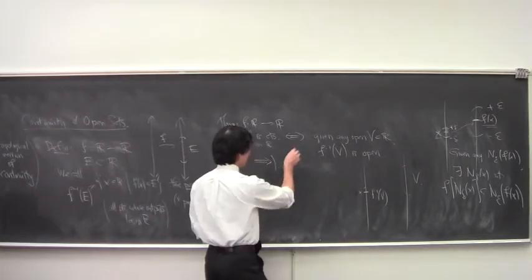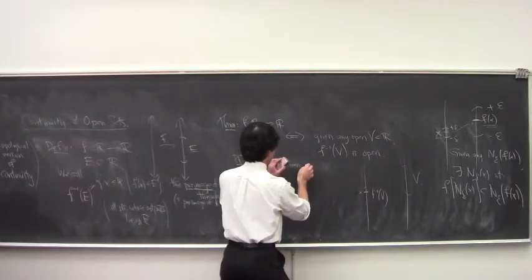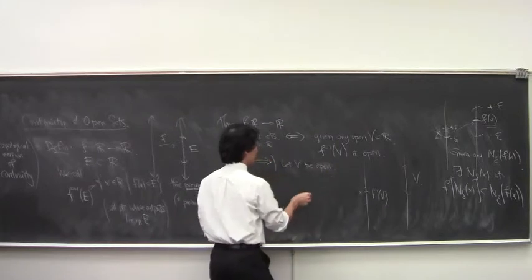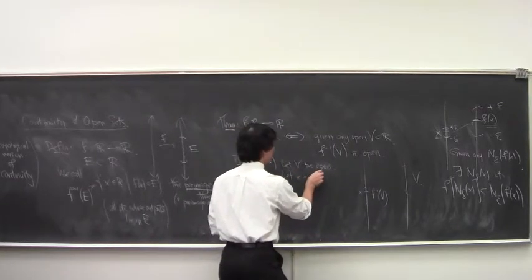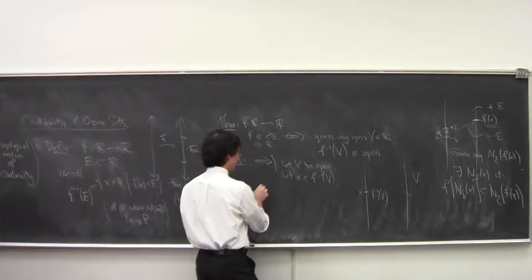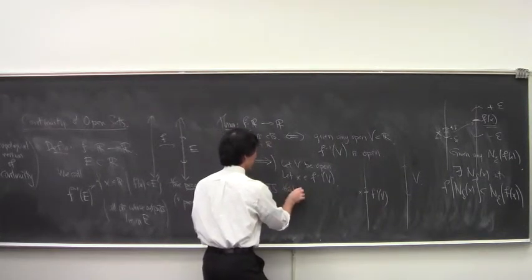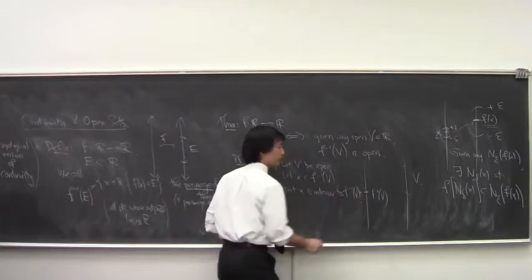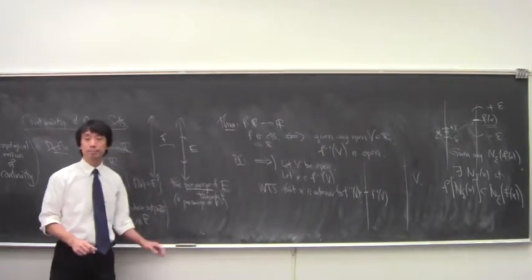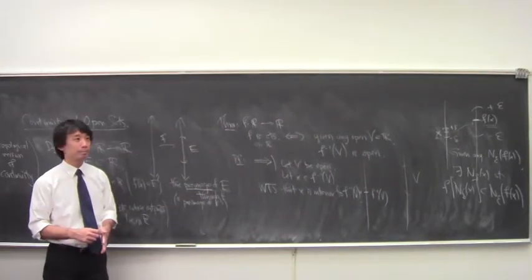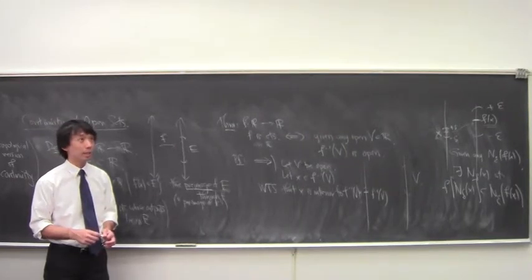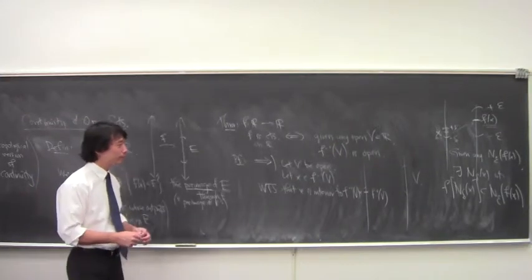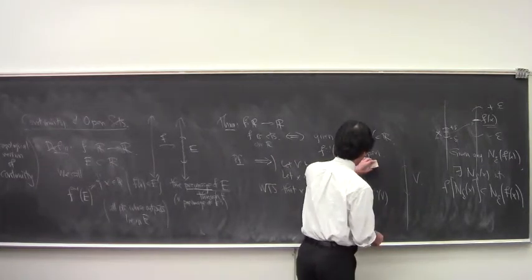So here's what we want to do. Let V be open, let x be in the pre-image, and we want to show that x is interior to F inverse V. I'll let you think about it and see if you can figure out why that has to happen.